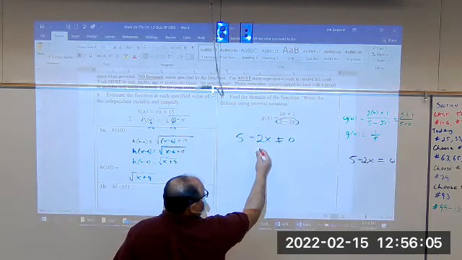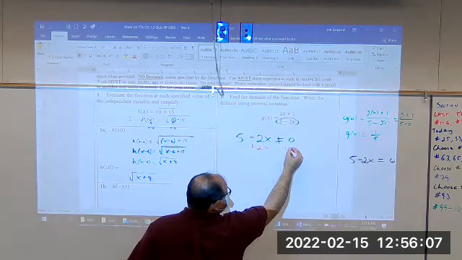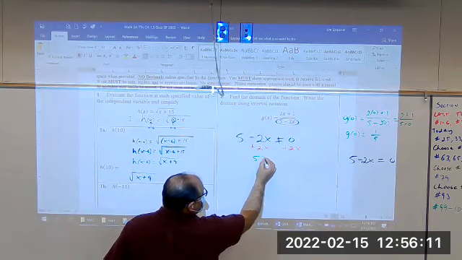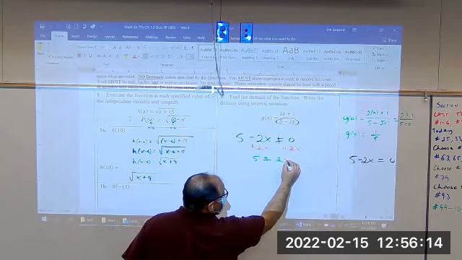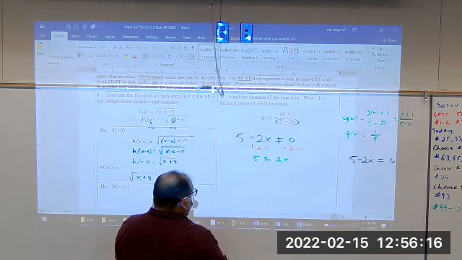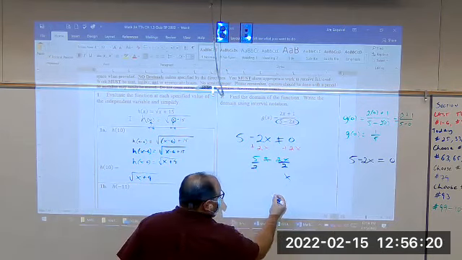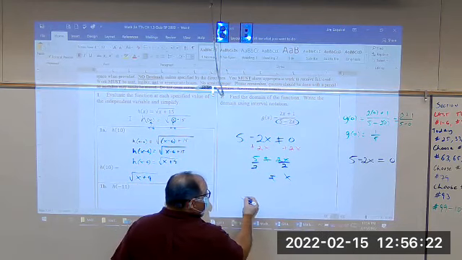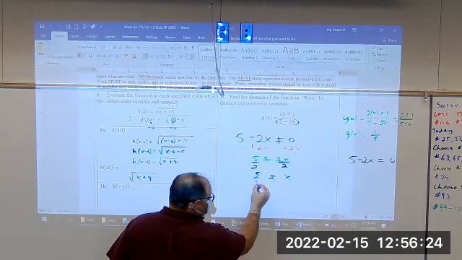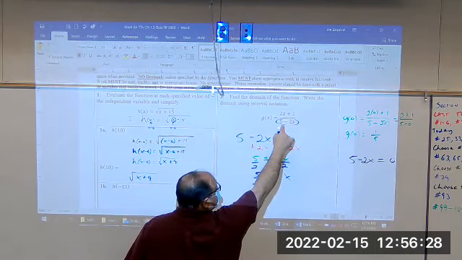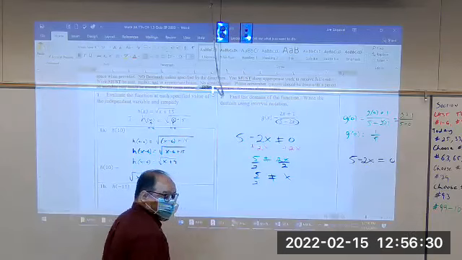Separate the number from the x. I'm going to add 2x to both sides. So I have 5 better not equal 2 times x. Then divide both sides by 2. So x better not equal 5 over 2, because if it does, then the denominator would be 0.